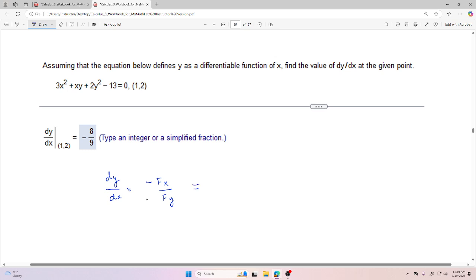So I want to do negative of the derivative in terms of x. And I mean, keep it as easy as possible. Derivative in terms of x, what do we get? That'd be 6x, easy enough. Very simple. Y, 0 and 0.